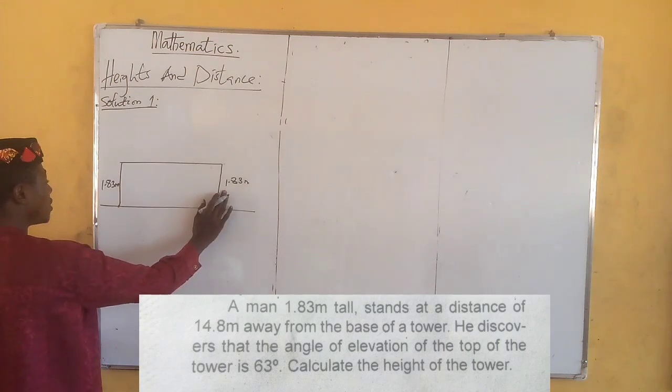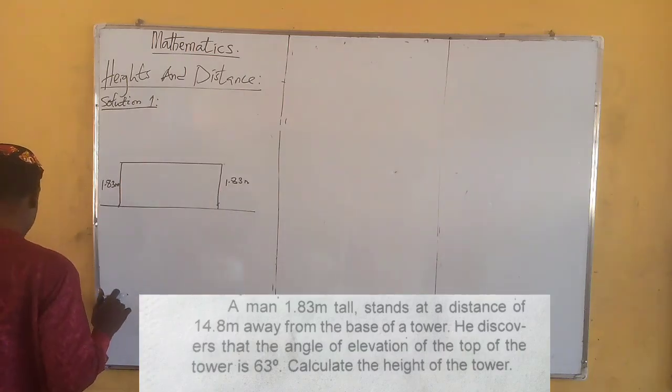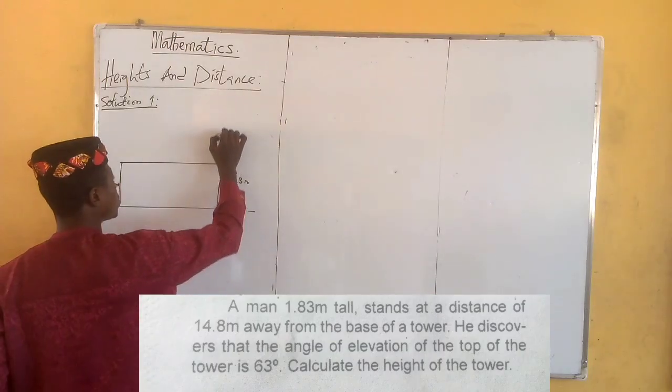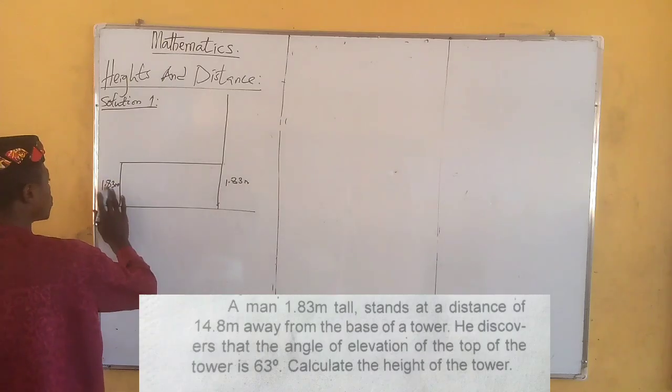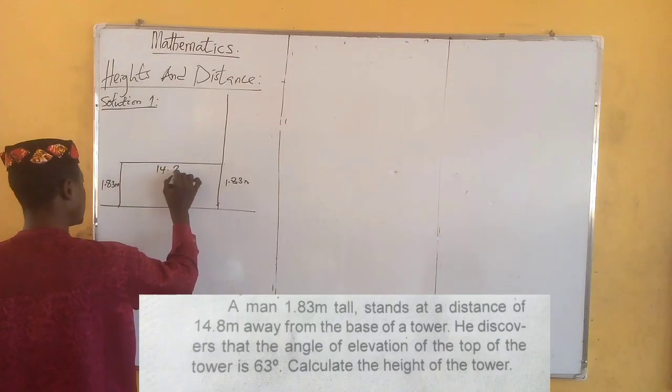He stands at a distance of 14.8 meters away from the base of the tower. Let's say this is our tower, and the distance from this tower to where he's standing is 14.8 meter.